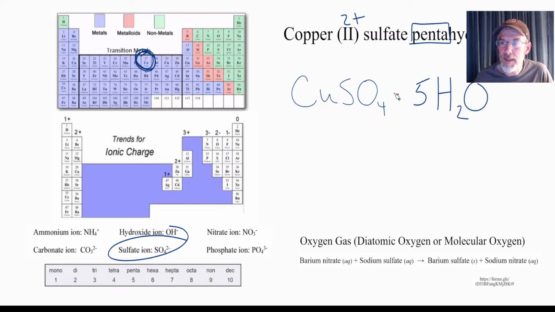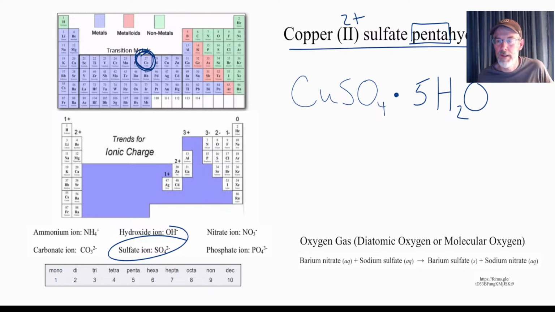And then they put this dot to show that there are 5 water molecules around each copper sulfate formula unit. So you get your copper 2 sulfate, then you have the pentahydrate. If you heat it way up, this will go away and you'll just have CuSO4. But then it's just a white powder. It's not as cool as the blue color. That's copper 2 sulfate pentahydrate.